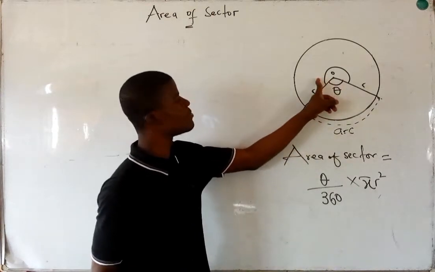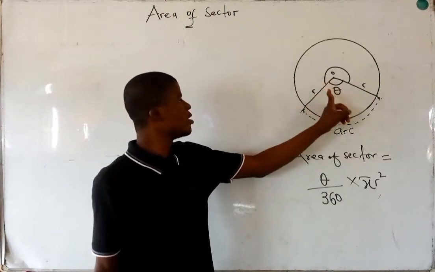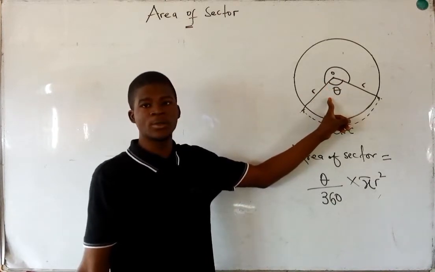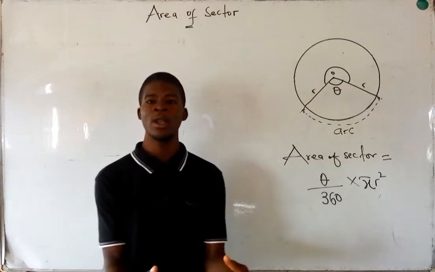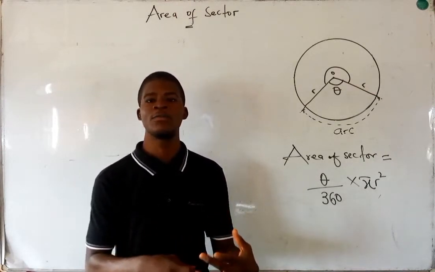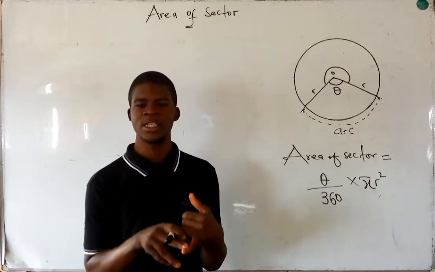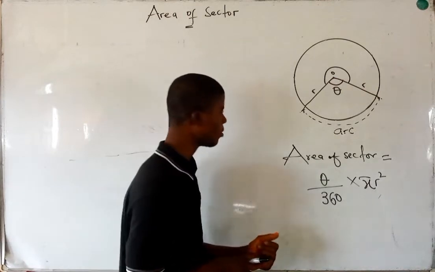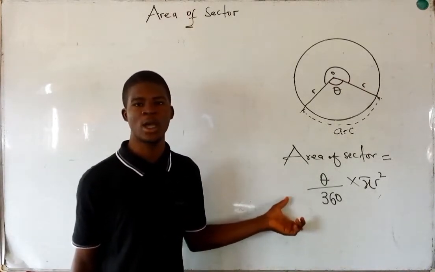The angle of this major sector is usually greater, that's why it's called major, than the one of the minor sector. So when you are asked to find the area of the sector, whether it is major or minor, always take note of the angle that is subtended at the center. It's very, very important.